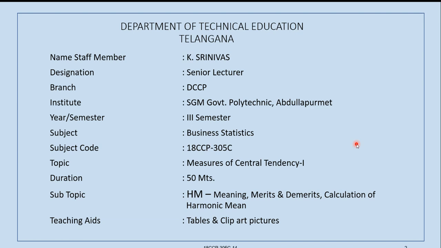As we have seen in arithmetic mean and geometric mean, we will calculate the harmonic mean for individual series, for discrete series, and also for the continuous series.